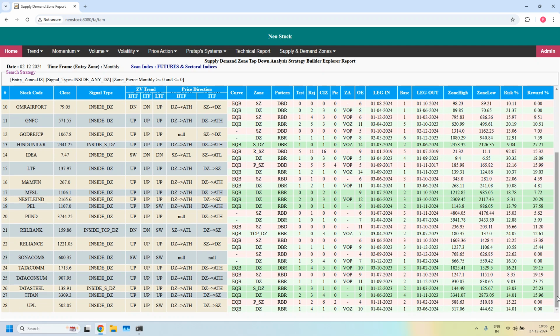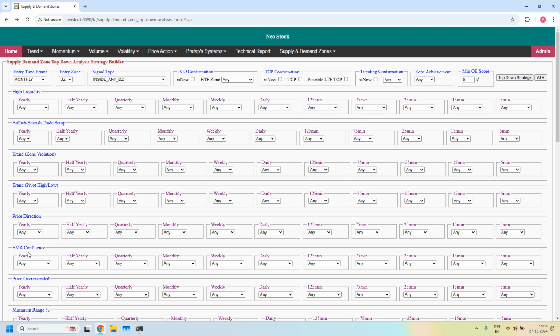We can further filter this list by adding some additional high probability parameter, EMA Confluence. That is monthly demand zone having monthly EMA Confluence. So in the EMA Confluence parameter at monthly time frame, I am setting the filter monthly demand zone having monthly EMA Confluence.